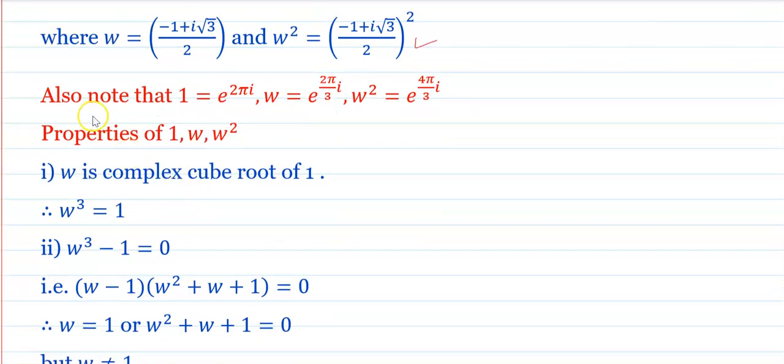Also note that 1 is equal to e raised to 2 pi i. What is the value of e raised to 2 pi i? In the polar form, we can write cos of 2 pi plus i times sine of 2 pi.